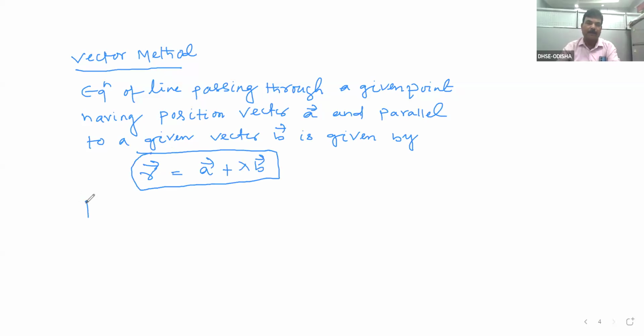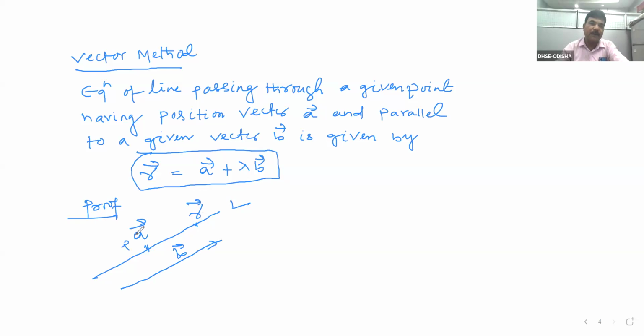Come to the proof. This is the line L passing through a given point having position vector a bar, and the line is parallel to another vector, that is b bar. Let r bar be a point on the line L. Suppose this is point P having position vector a bar. This is point Q having position vector r bar.